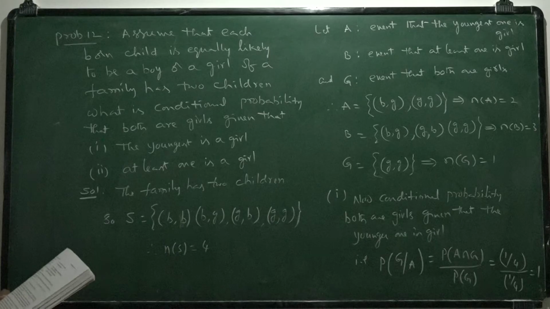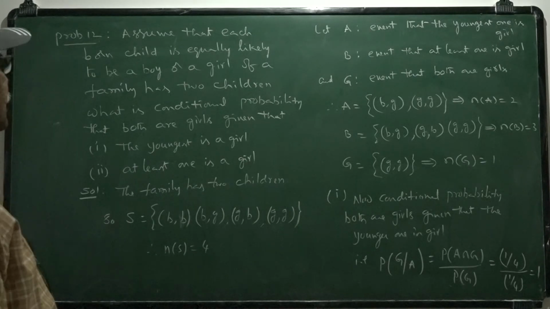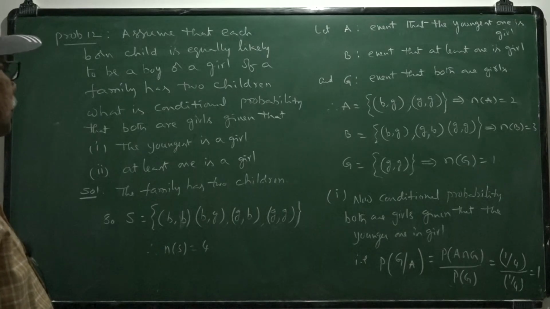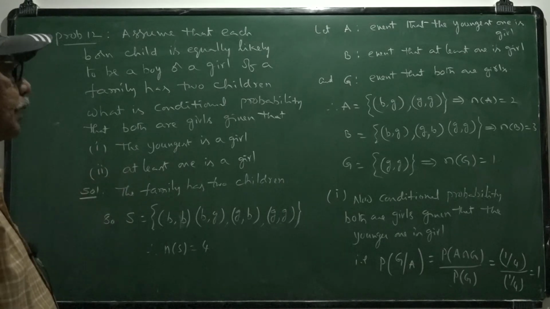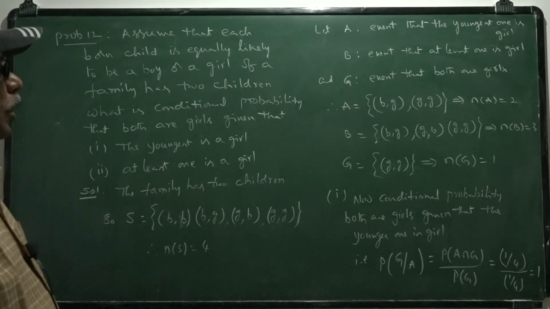The conditional probability that both are girls given that the youngest one is girl.